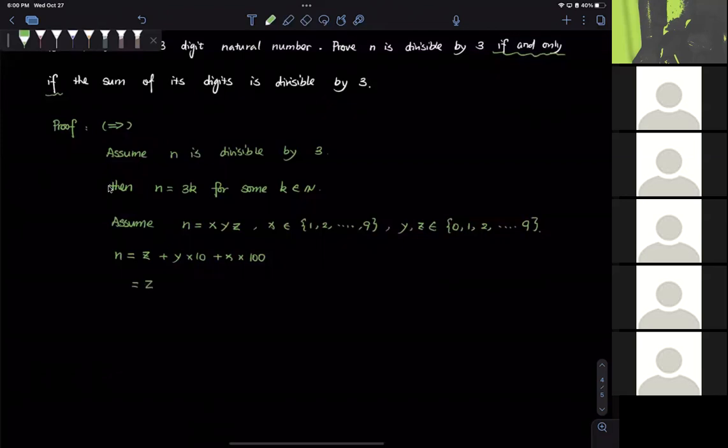Then this equals y times (10 minus 1 plus 1). Or let's say 9 will be easier for you to understand, because if I use anything not a number, you will freak out. So (99 plus 1). So this equals z plus y plus x plus 9y plus 99x.